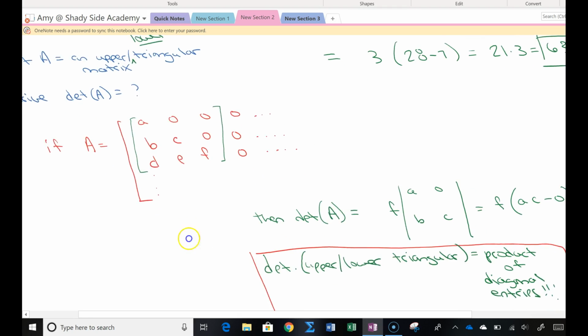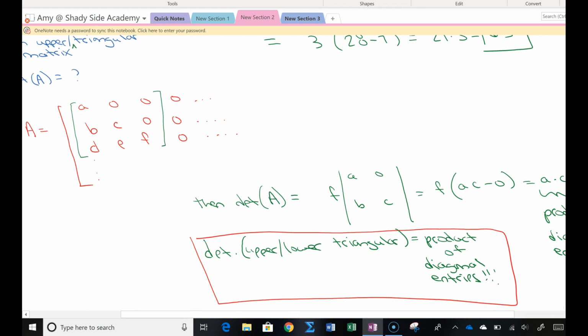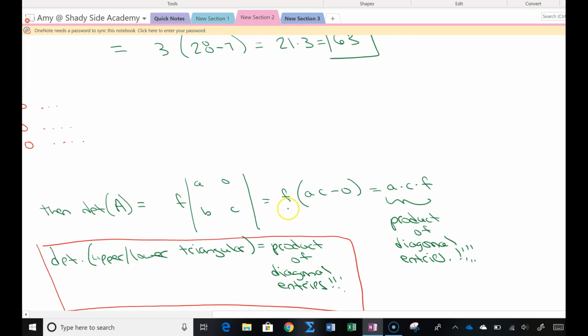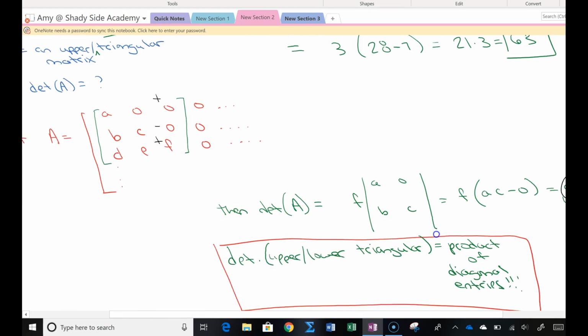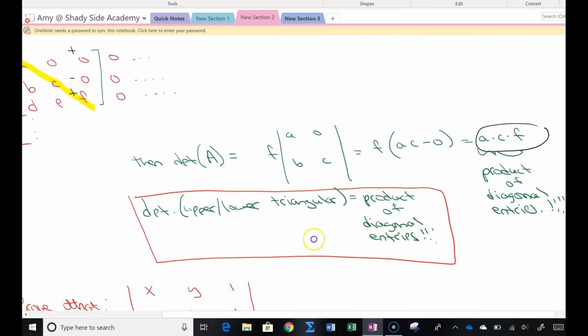I'm going to run down column 3 as an advantageous cofactor expansion, and column 3 goes plus, minus, plus. The determinant of A is F times the determinant of the remaining 2 by 2. When I flush that out, it's F times the quantity AC minus 0, which equals just ACF, merely a product of the diagonal entries, which is a pretty neat thing.